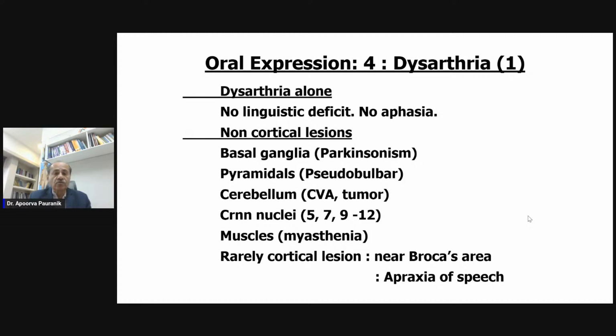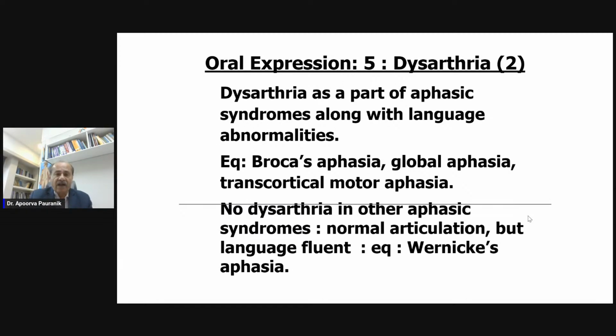We pay attention to articulation, and we can describe the dysarthria under many subheadings. Dysarthria can occur in Parkinsonism, in pseudobulbar palsy, in cerebellar ataxia, in cranial nerve palsies, all these conditions in which the muscles concerned with the articulation are weak. There can be problems with dysarthria.